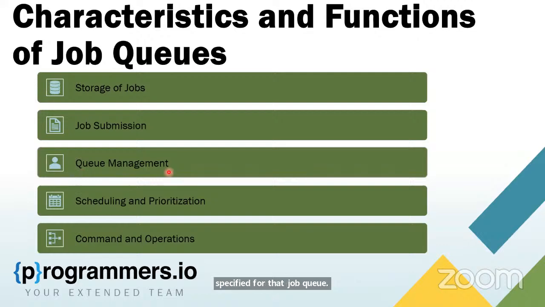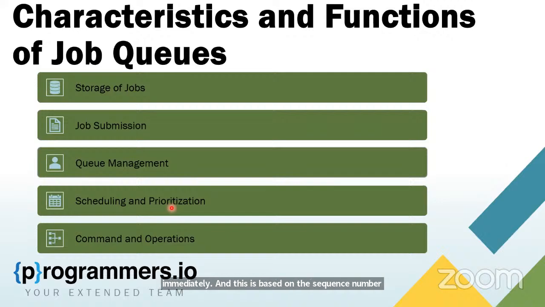This is basically the same thing. Scheduling and prioritization. For each queue we can prioritize, like this is a very important queue, and anything coming to this queue has to be executed immediately. This is based on the sequence number we give for a job queue.